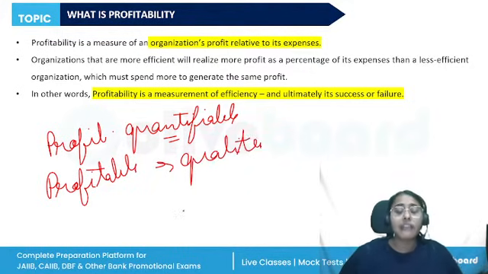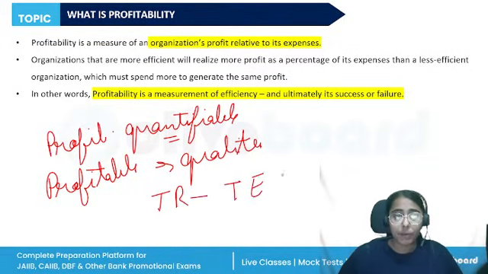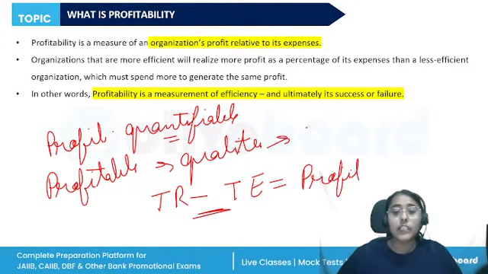So simply if I am earning certain revenue and I subtract my expenses from it, the remaining portion will be my profit. But if I'm saying how well am I using my resources or my assets and generating some income, then it will be known as profitability, right?